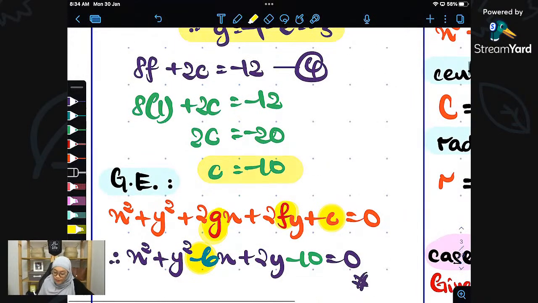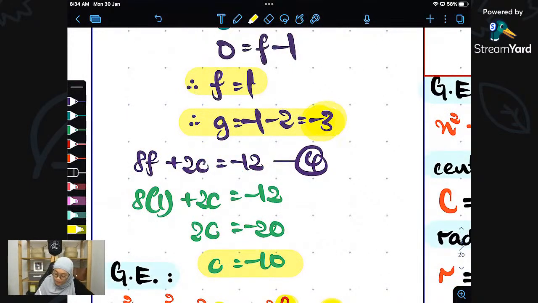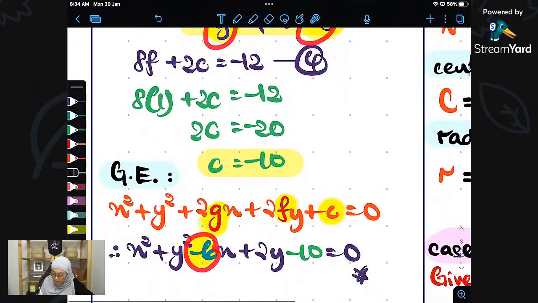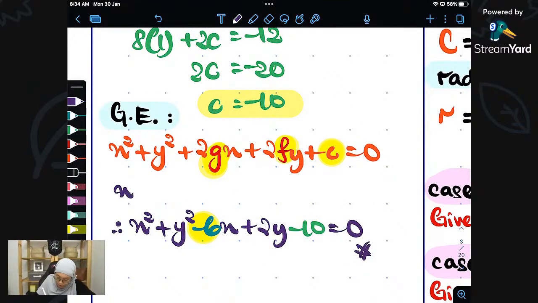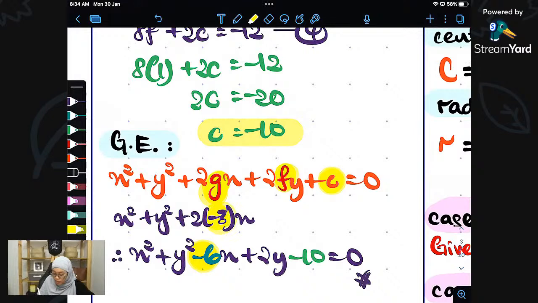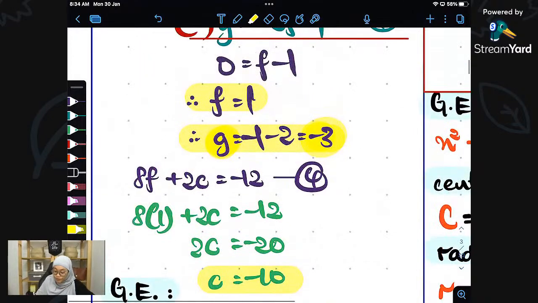No. Our G value is negative 3. G is negative 3, but why does it become 6? Because 2 times... sorry guys, here I did it too fast. So let me correct this. So basically, it's just x squared plus y squared plus 2 times negative 3x. Okay, so my G is just negative 3. Here.